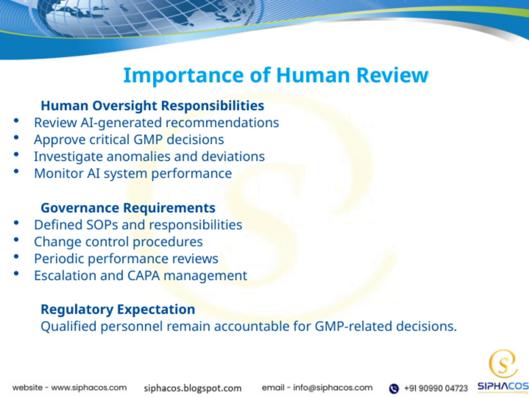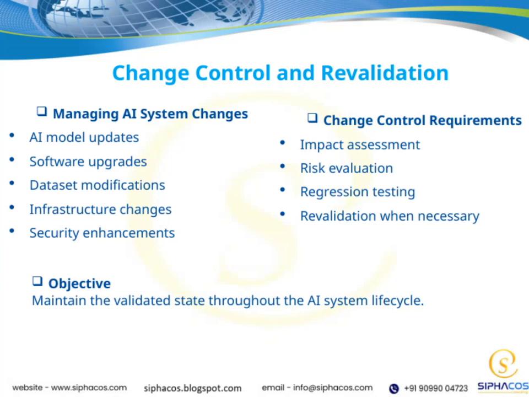and product quality. Let's talk about maintaining the validated state of our AI system throughout its entire life cycle. This is crucial because as the system evolves, we need to ensure it continues to perform reliably and safely. When we talk about change control requirements, we're emphasizing the importance of assessing any modifications before they are implemented.